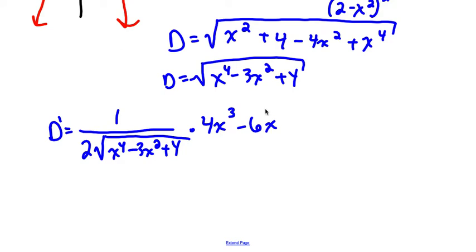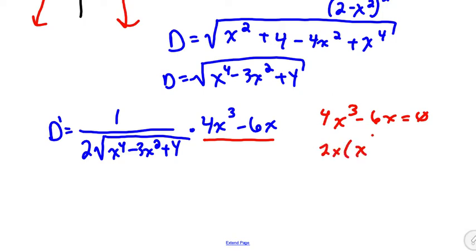Okay, now we have to set this equal to 0, which just means we need to know where this is equal to 0. Because where a fraction is equal to 0 is just where the numerator is equal to 0. So 2x, oops, still got another 2 in there. 2x squared minus 3 equals 0.